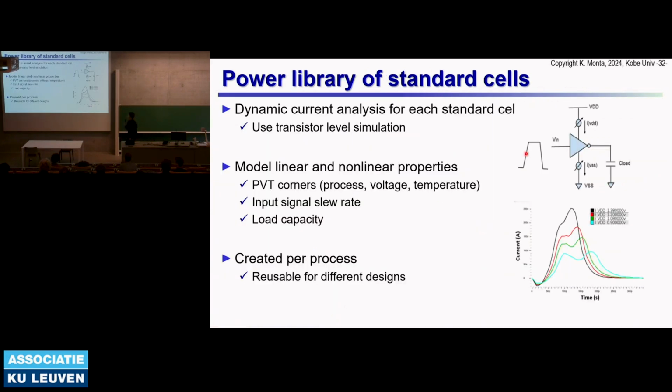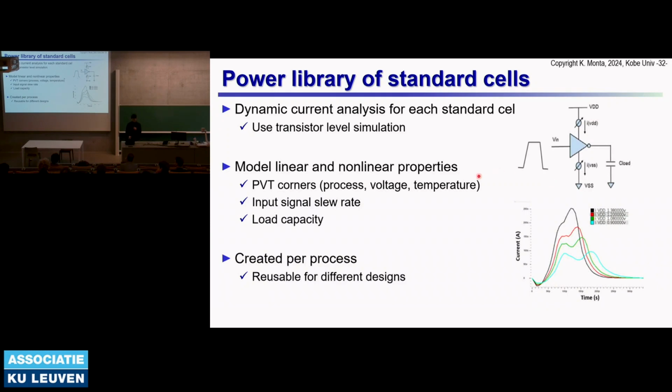This is the overview of the power library of standard cells. Dynamic current inside the standard cells is calculated using SPICE simulation. When a rising edge or falling edge happens at the input of the standard cell, power consumption happens, and the characterization of power consumption is calculated using SPICE simulation to make the library for the standard cells.